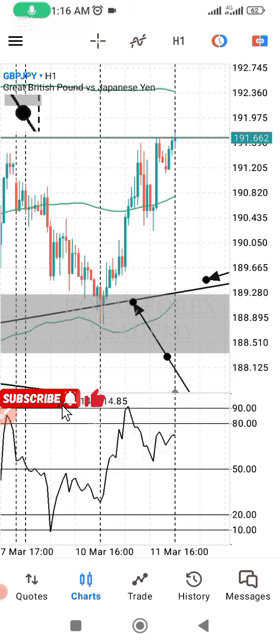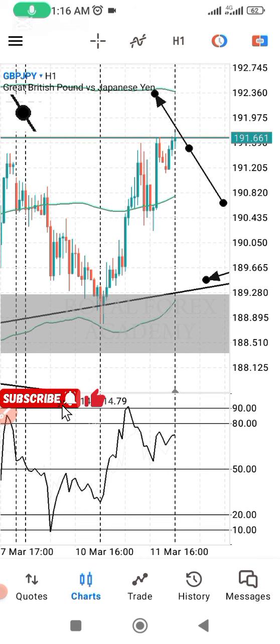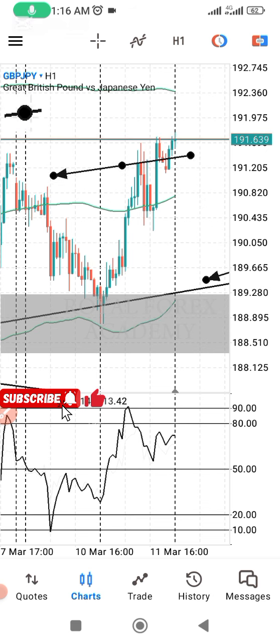I repeat, in order to confirm our trading entry, we'll be using the lower Bollinger Band and the upper Bollinger Band. So what that implies is that anytime we want to sell, we are going to put the upper Bollinger Band into consideration. And anytime we want to buy, we are going to put the lower Bollinger Band into consideration. This gives us confluence, more reason to verify our trade entry and execution.